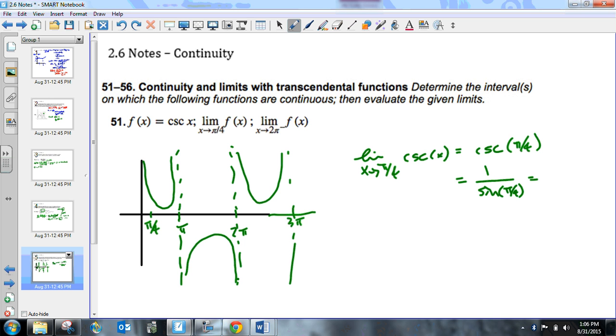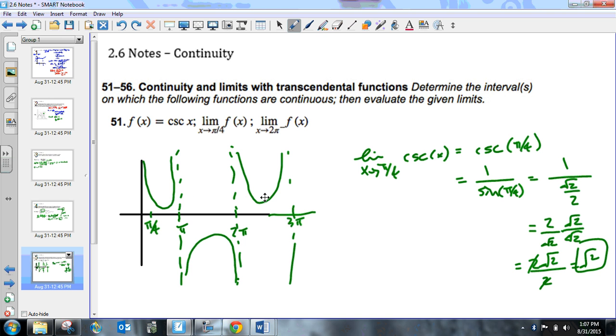So I get 1 over root 2 over 2, and that's the same as 2 over square root of 2. If I rationalize that denominator, I get 2 root 2 all over 2, which gives me square root of 2. So that's my limit value. Now I know it's continuous there. The only places where it's not continuous are at pi, 2 pi, 3 pi, and so on.